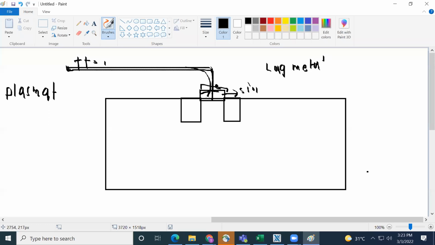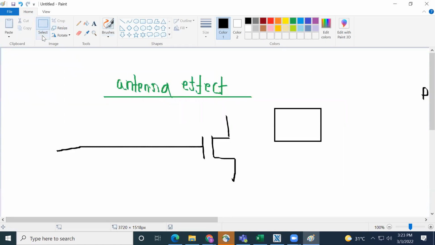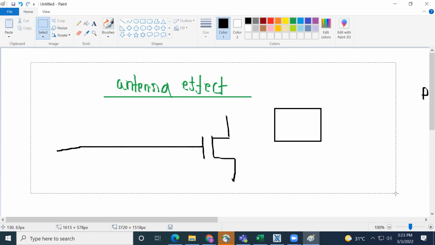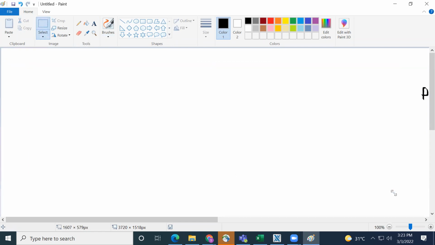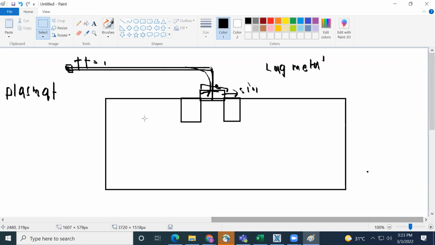Again, I'm repeating: during plasma etching, when a long net is connected, meaning here in this metal, etching occurs, etching meaning removing your SiO2 layer. I told you initially about fabrication; you have to say plasma etching, which comes under dry etching.